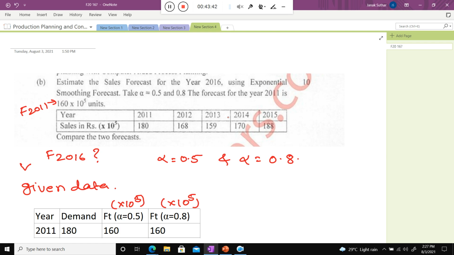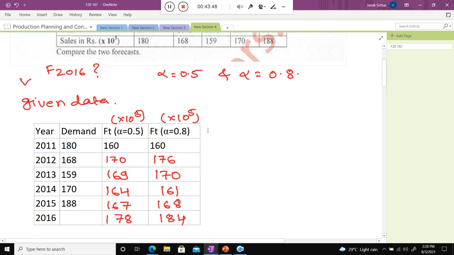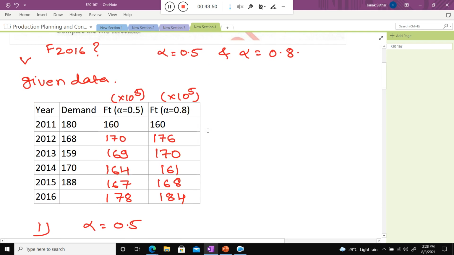The demand is the actual value, and the forecast is the predicted value. So you need to see whether these two are near or not. If not near, then the error is more. Here, if your prediction is 176 but we are able to sell only 168, this forecast is less accurate compared to this one, because this forecast says 170.